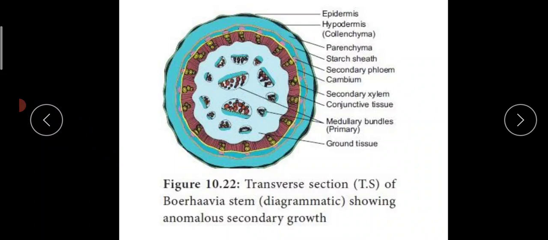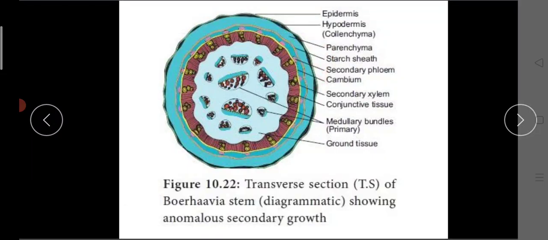The first accessory cambium functions in the same way as the vascular cambium functions. It cuts off secondary xylem alternating with lignified conjunctive tissue. So when the first accessory cambium is formed outside, the next ring of vascular bundles will be formed in an alternate manner.